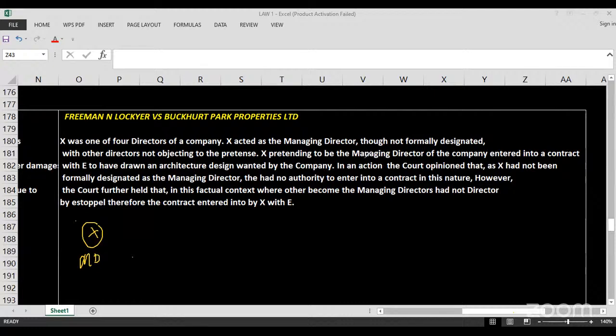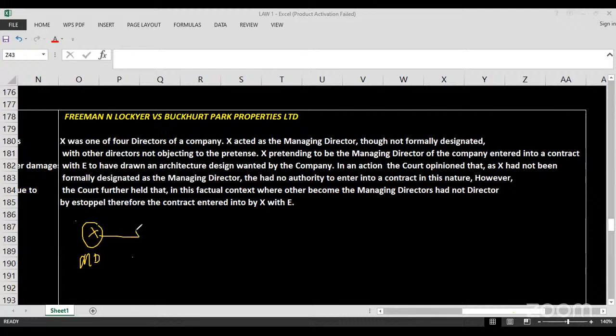X, pretending to be the managing director of the company, entered into a contract with E to draw an architecture design for the company. What this person is doing is that he's the one taking all the decisions. He's not concerned about the other three directors. He's the one doing all those things.